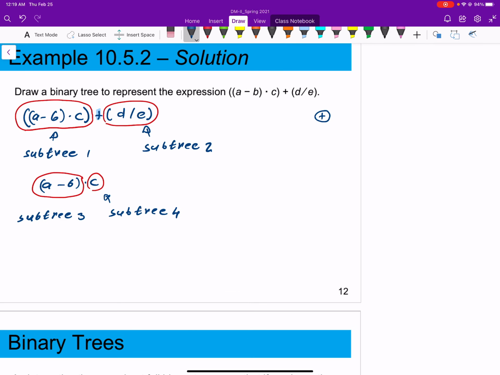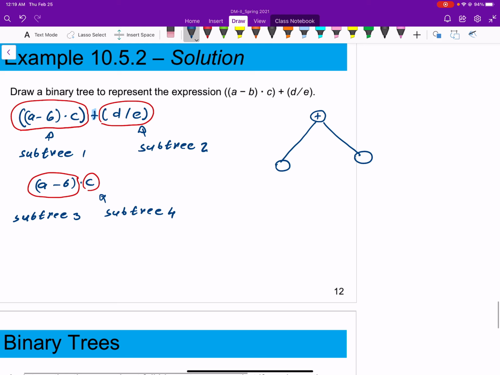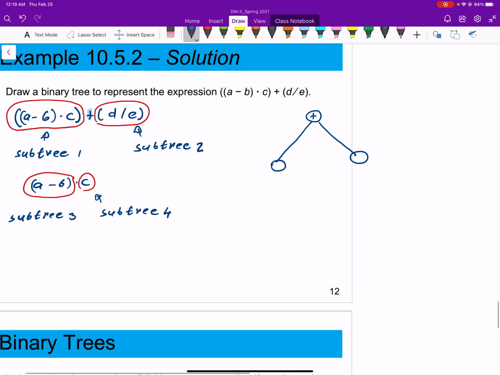One branch goes like that, the other branch goes like that. In this branch, I have another 2 nodes or vertices. So this is division, and this is D and this is E.